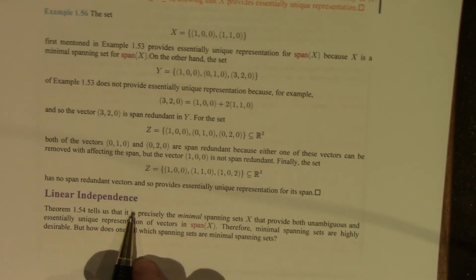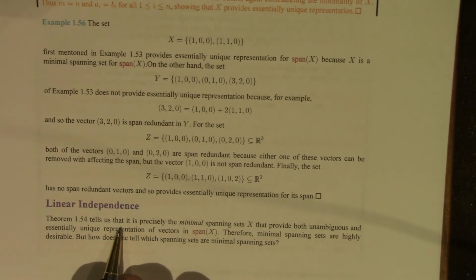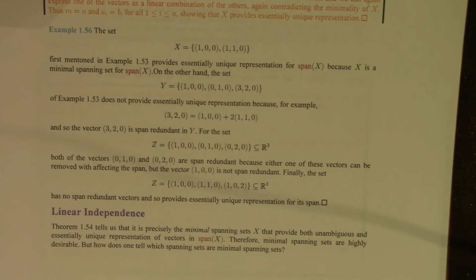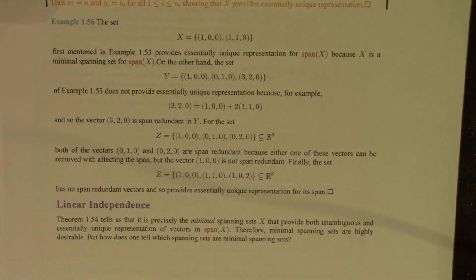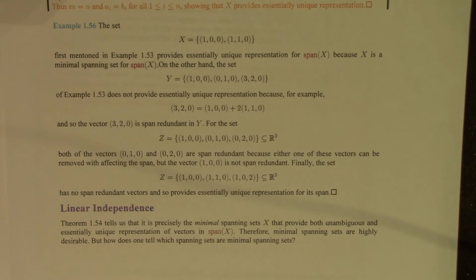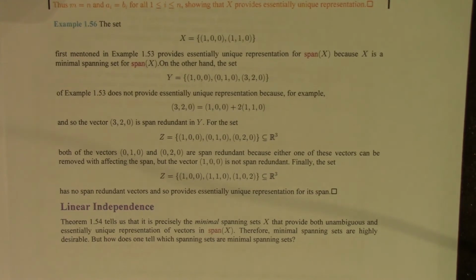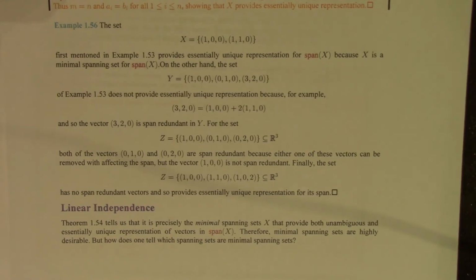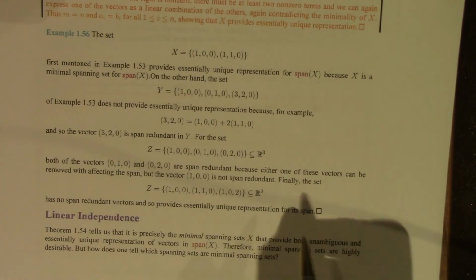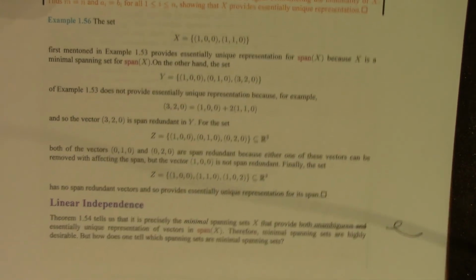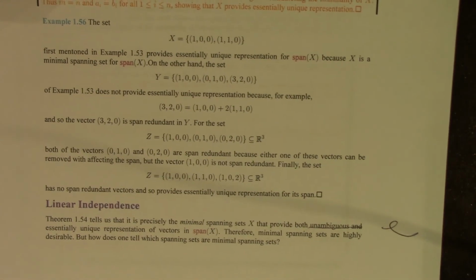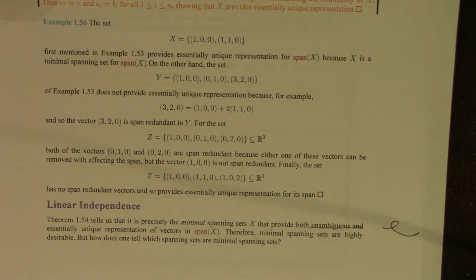This theorem that we just proved tells us that it is precisely the minimal spanning sets that provide essentially unique representation of vectors in its span.